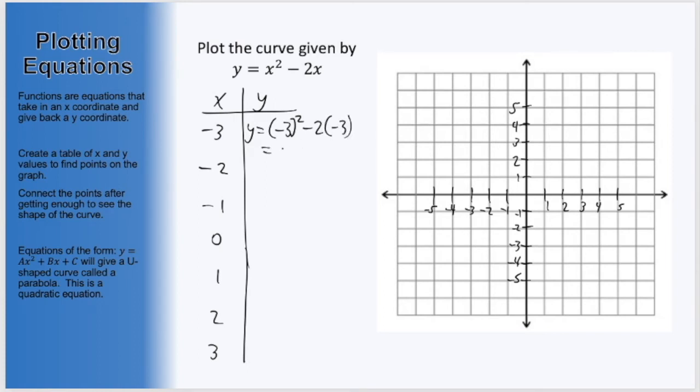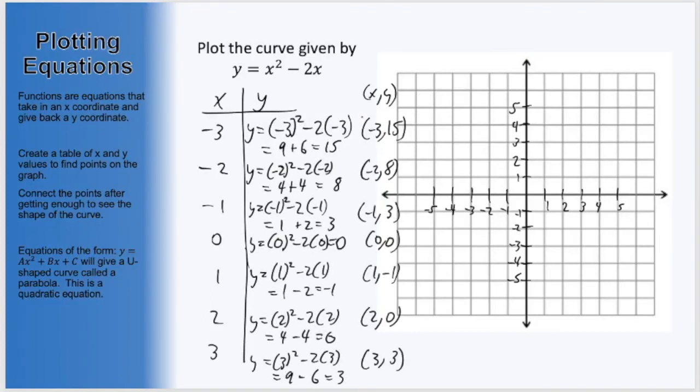Doing the calculation gives us 9 plus 6 equals 15. So our ordered pair from this x is going to be (-3, 15). Repeating the process and plugging in each of these x coordinates will give us these 7 ordered pairs.